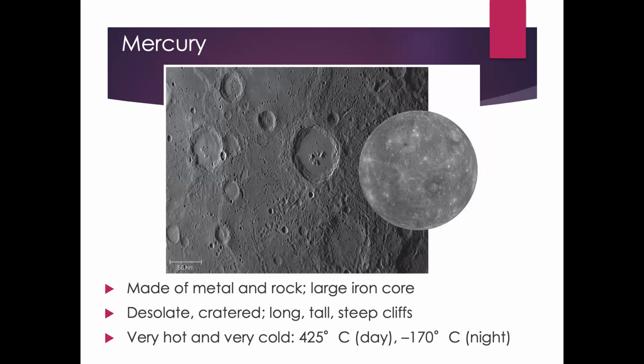And no atmosphere to hold the heat in, right? So it's very, very hot. You know, you could bake a lot of food. 425 degrees Celsius. You know, go ahead, convert that to Fahrenheit, which is how most temperatures are given in the United States. And it's going to be larger than that number. It's going to be a very, very big number.